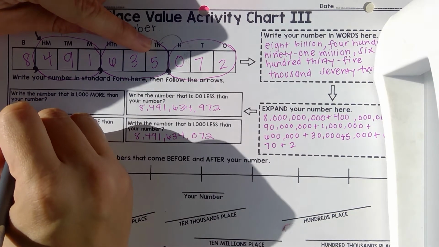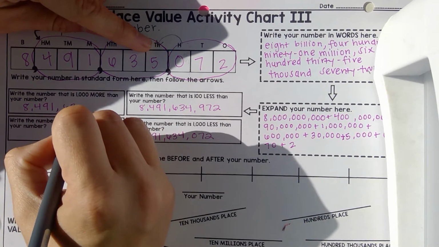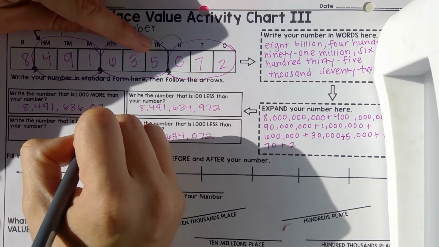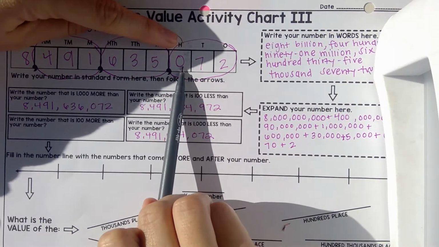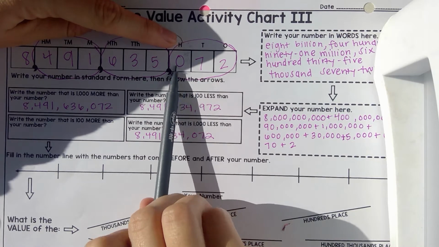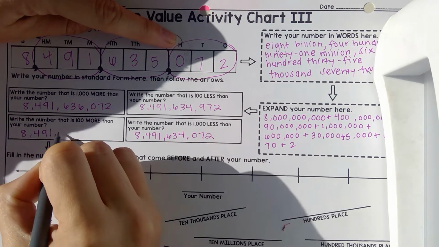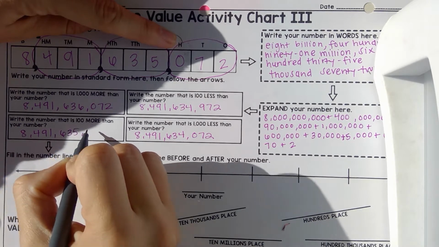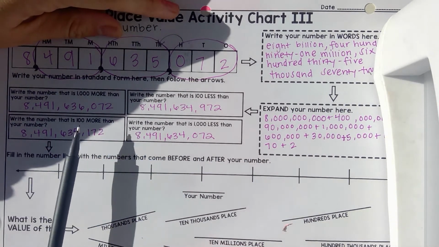So it would be 8,491,636,072. Then it says write the number that's 100 more. Well, if I have 0 and I want one more, that would make the 0 a 1. So that would be 8,491,635,172. All right, follow the arrow.